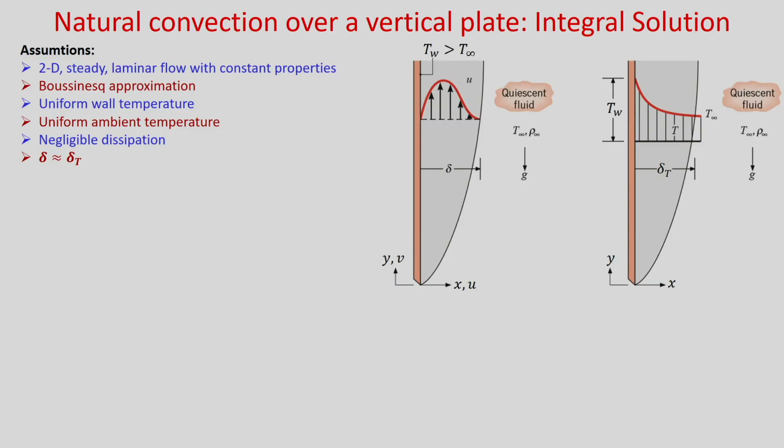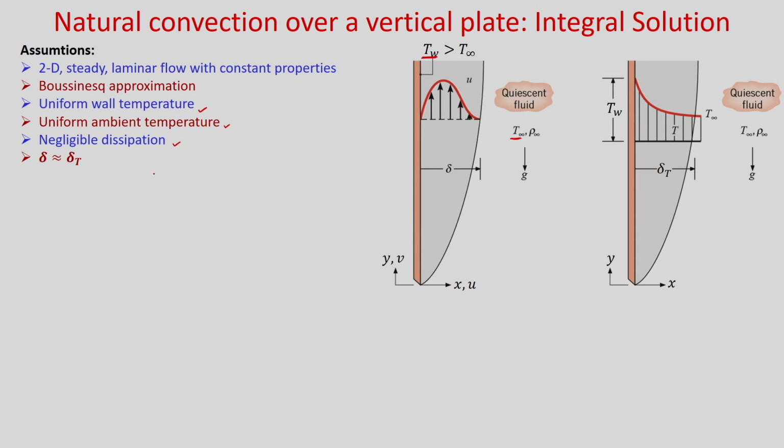So, let us consider natural convection over a vertical flat plate. The plate is maintained at uniform wall temperature T w and the quiescent medium temperature is T infinity, which is also maintained at constant temperature. Here we have these assumptions: two dimensional steady laminar flow with constant properties. The Boussinesq approximation is valid, T w is constant, T infinity is constant, and we are neglecting the viscous dissipation.